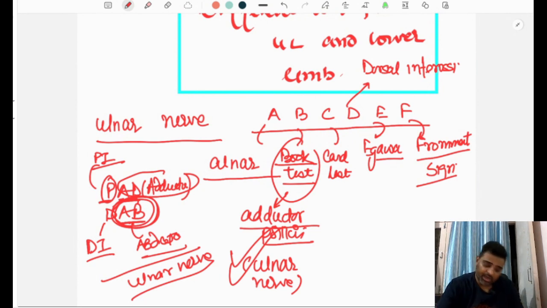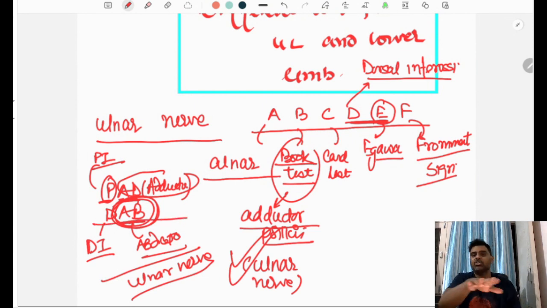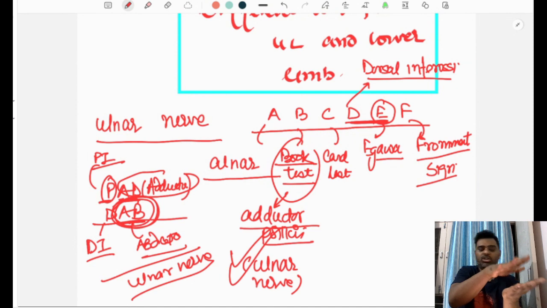Now D and E, club them together. That is for dorsal interossei we have Igawa test. We know that dorsal interossei help in the abduction. So what is Igawa test? If this is the floor, we will ask the patient to put his finger like this and try to move the middle finger and the ring finger away.